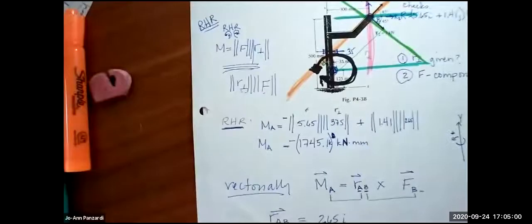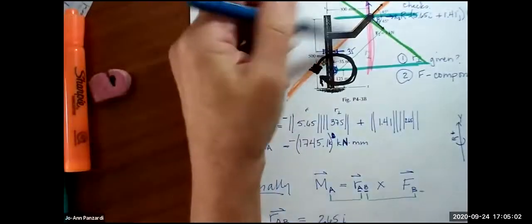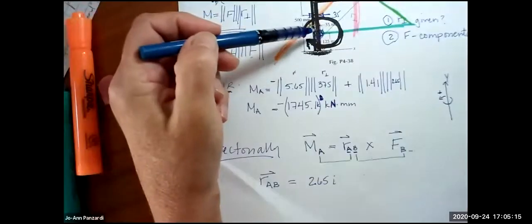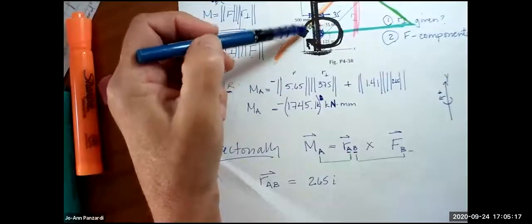Okay, now Victoria, going from A to B, what are we going in the Y? No, I'm sorry, in the Y. We already did the X, sorry. In the Y, isn't it 375?